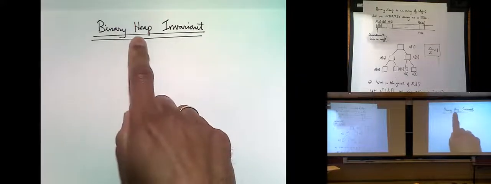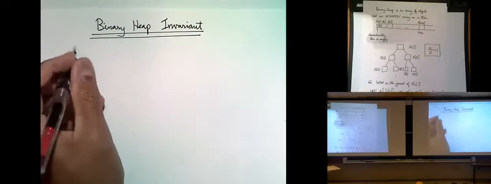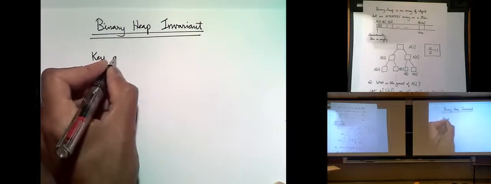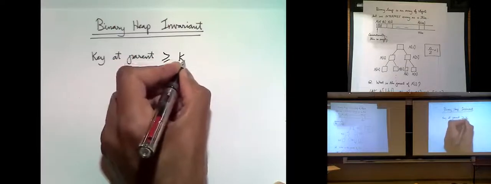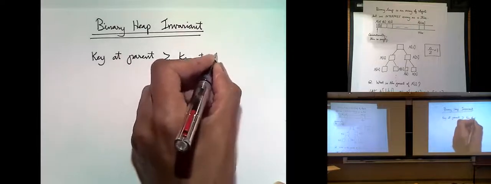So an invariant is something that should not vary, meaning that the invariant is a condition that will always hold in the heap. Okay, that's what an invariant is. So this data structure, the binary heap, has an invariant, and the invariant is the following. The key at the parent is at least the key at the child.